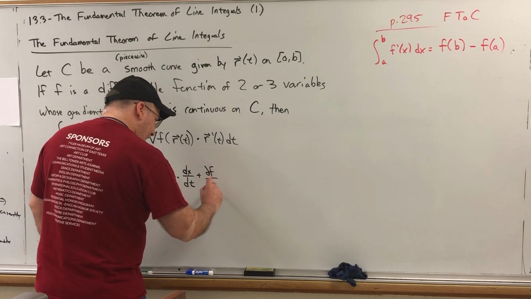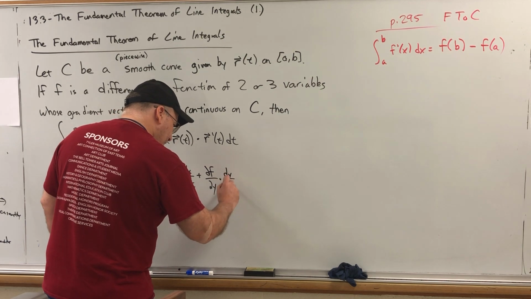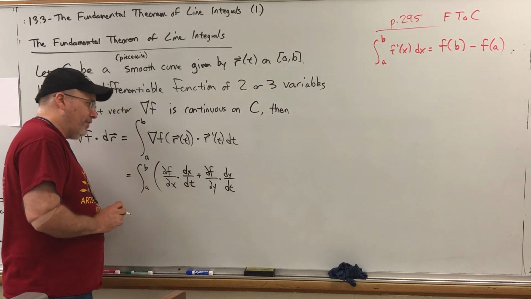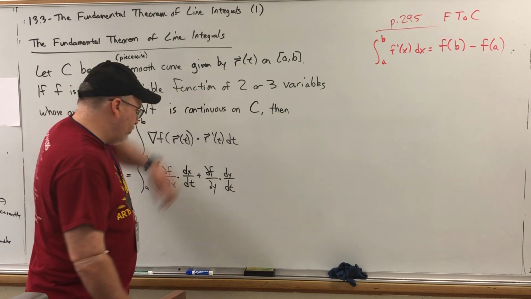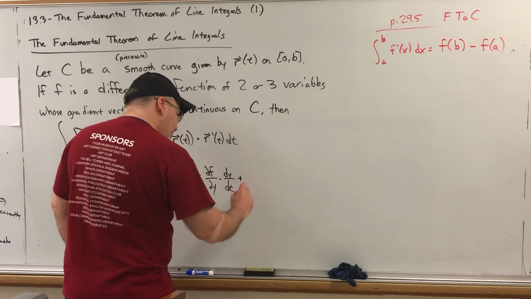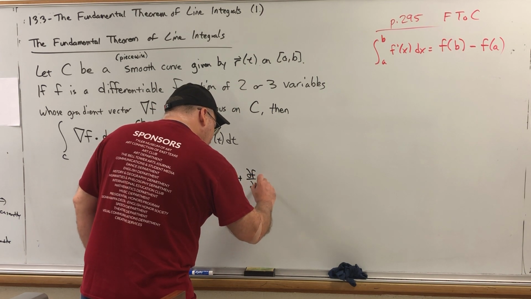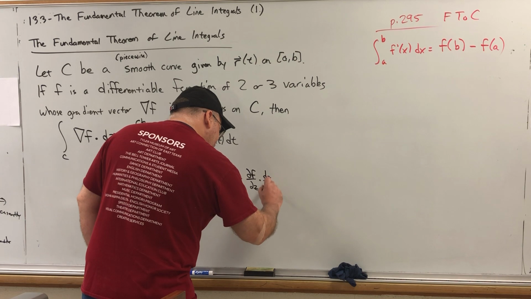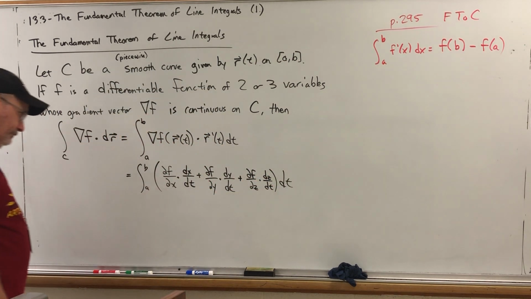Partial derivative of f with respect to y times the derivative of y with respect to t. And when I say the derivative of y, I mean the y component function in this vector function. Same thing for the z's. Partial of f with respect to z dot dz dt. And we still have the dt on the outside.